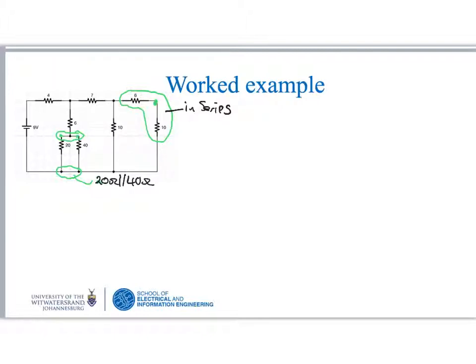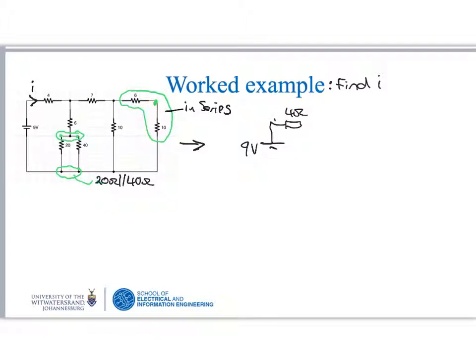So we can simplify this circuit so that it looks like that. We still have the 9-volt battery, and we've got connected to it a 4 ohm resistor, and the question asks, find the current I, and the current I is here on the drawing.